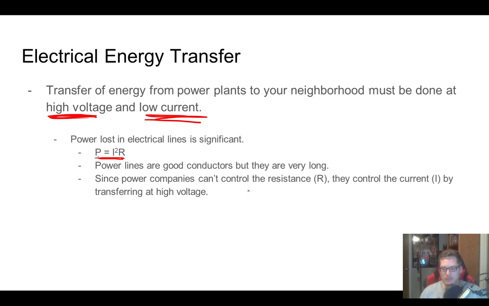They can't really control that resistance, so in order to control the current, they transfer at high voltages. By transferring at a really high voltage, they can control that current, and therefore have a minimal power loss.